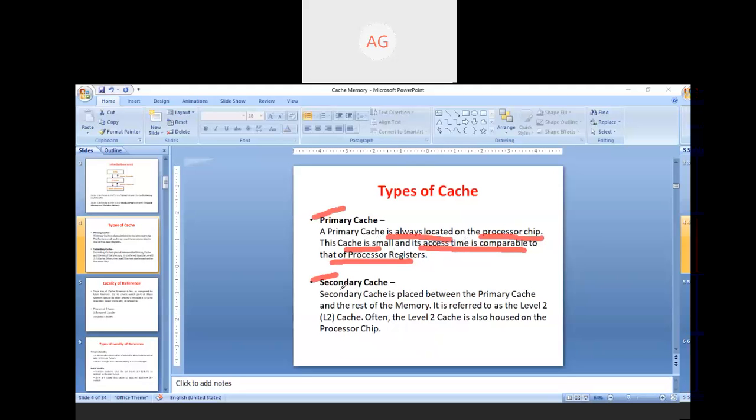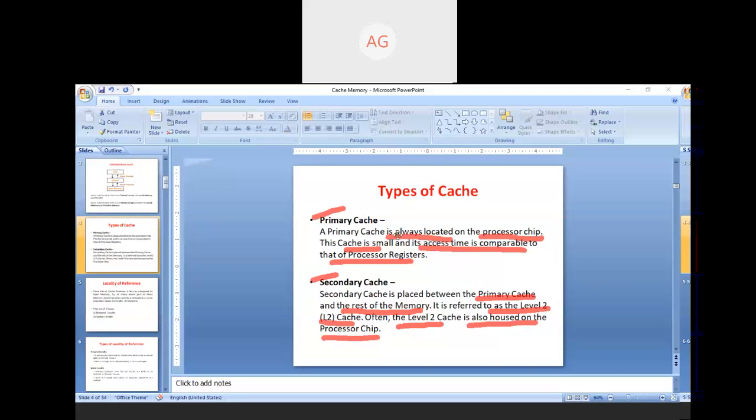In the case of the secondary cache, it is placed between the primary cache and the rest of the memory, meaning the rest of the main memory. It is referred to as the level 2 or the L2 cache. Often the level 2 cache is also housed on the processor chip. Sometimes the L2 cache comes closer to the processor chip.